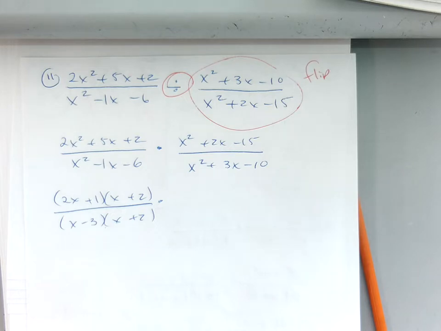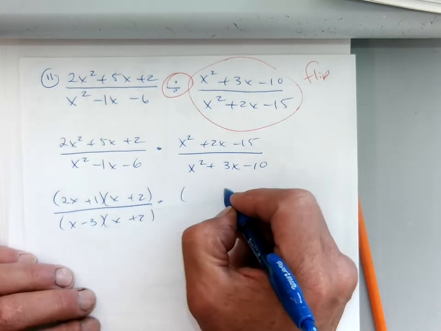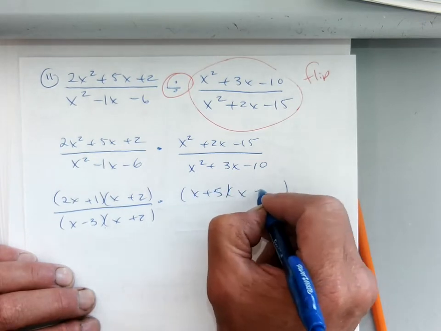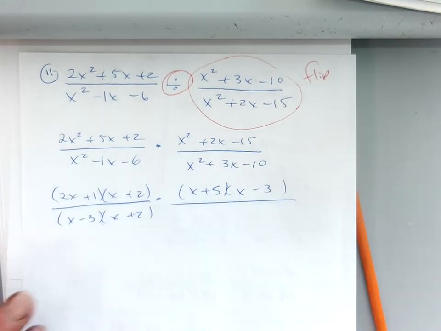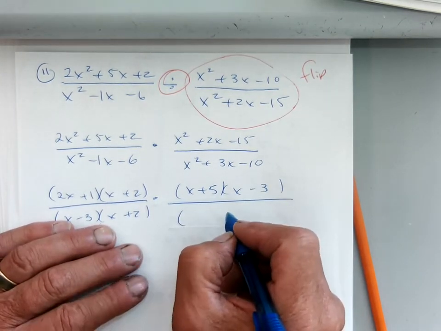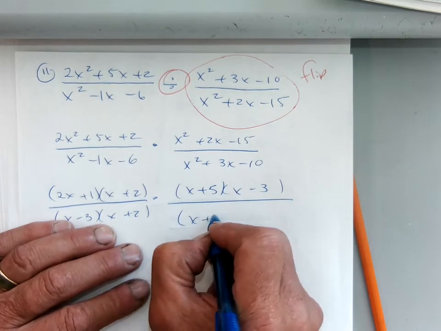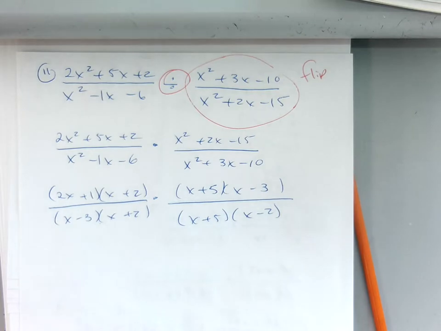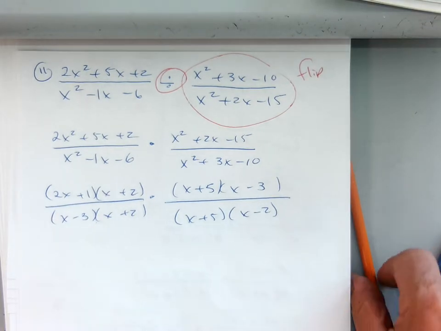The numerator of the second fraction should factor into x plus 5, x minus 3. And the denominator of the second fraction should be x plus 5, x minus 2. Okay? And now we just get to cancel.